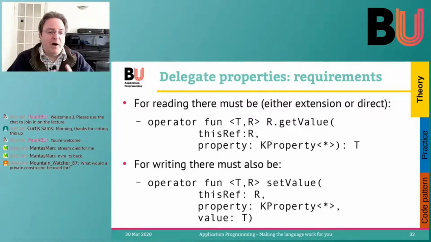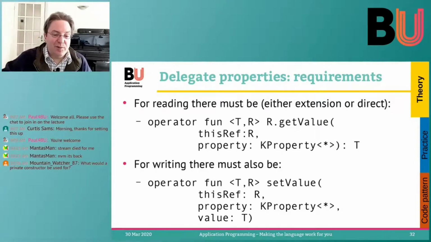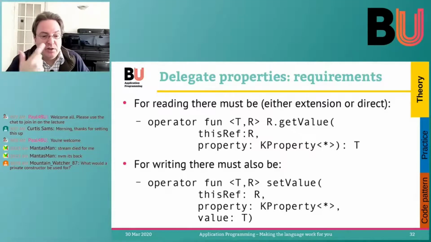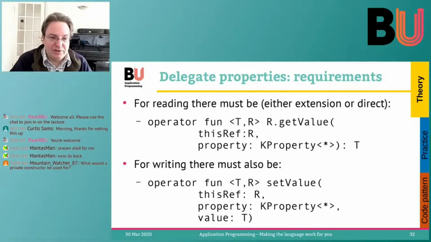The implementation of that operator will get the reference to the object on which the property is declared, as well as a property object. The property object allows you to look at what is the name of the property, what's the return type. So that's basically introspection you can do there. And it needs to return whatever is the type of the thing that's returned. So yes, that could be a concrete value rather than a generic parameter.